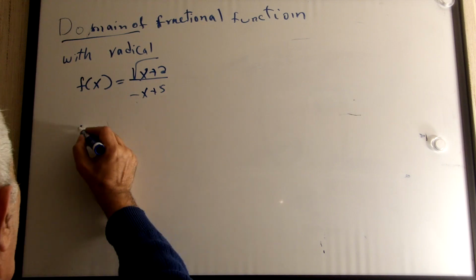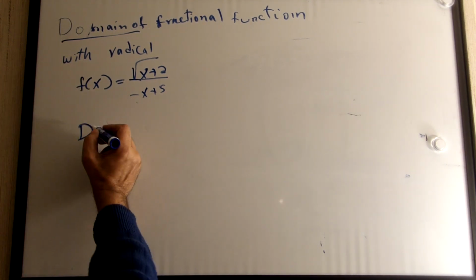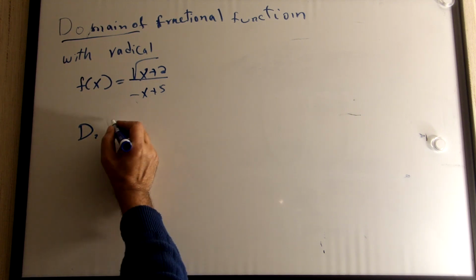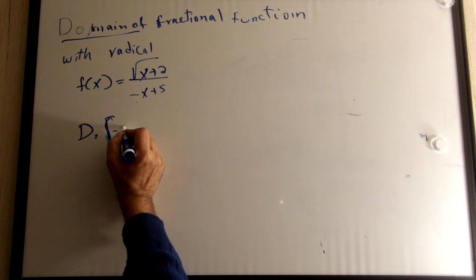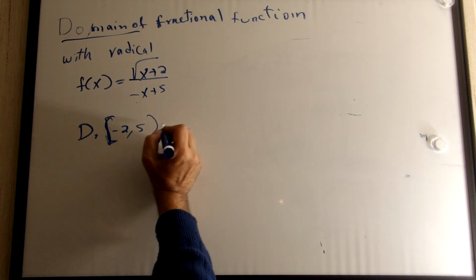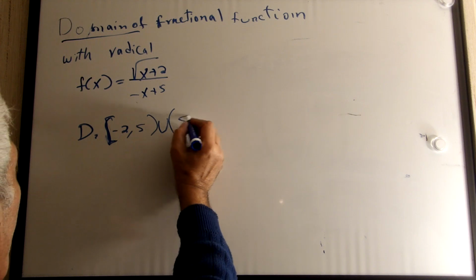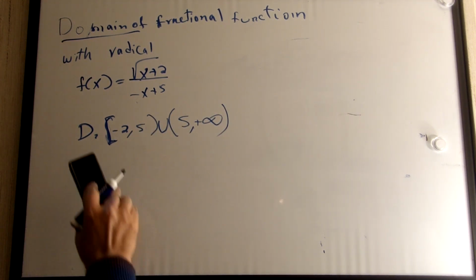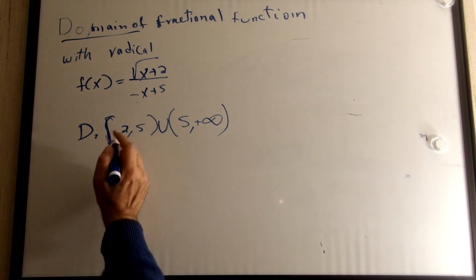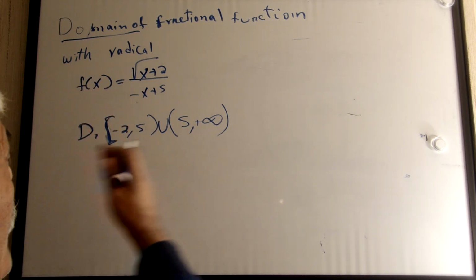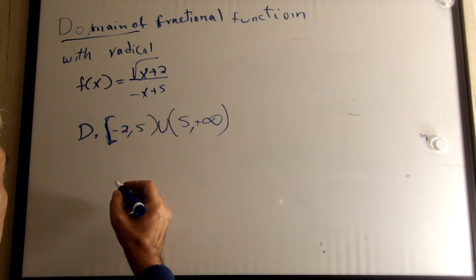So the domain, I don't know if I wrote the domain or not, but the domain is going to be minus 2 up to 5, and then the union of 5 to, I think I wrote it down before. So I just want to tell you that was the domain of this one. That includes minus 2, larger than minus 2.